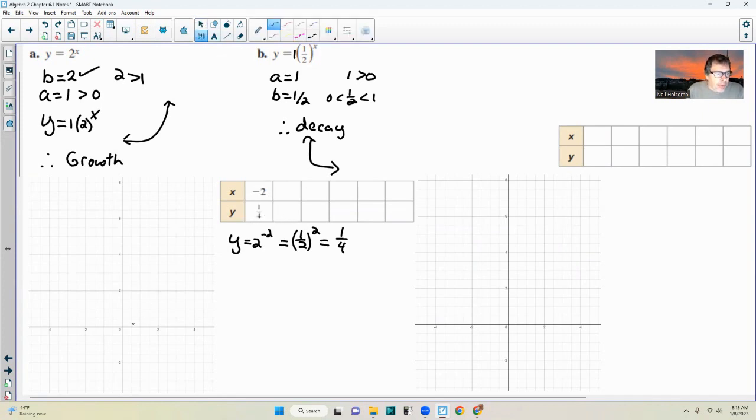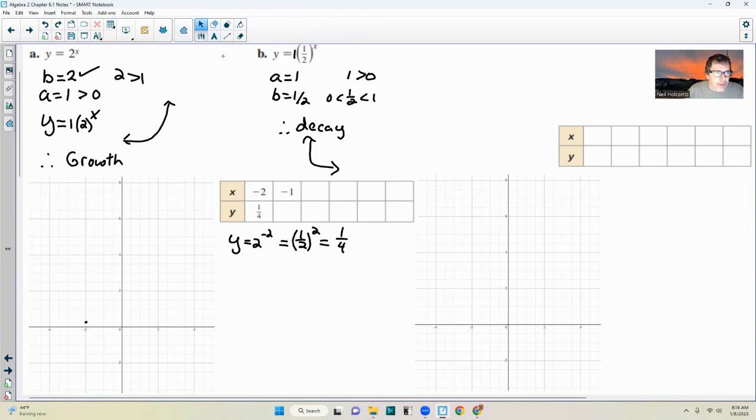Okay, so there's a quarter. So I'm going to plot that point, go over to -2, and up a quarter would be right here. 1/4, actually, it's not even that high. That's a half. So this is a half, this is 1, this is 1.5, no, it's going in increments of 2. Okay, so 1 is here, a half is here, so a quarter is right halfway between a half and 0. So there is -2, up 1/4. Okay, and then we choose another value, -1.